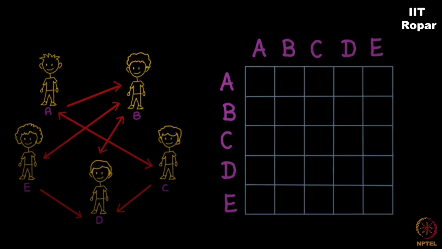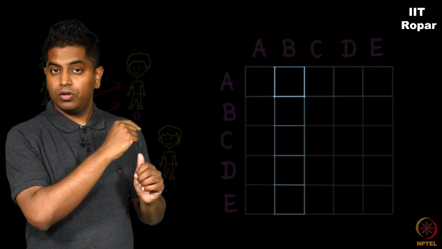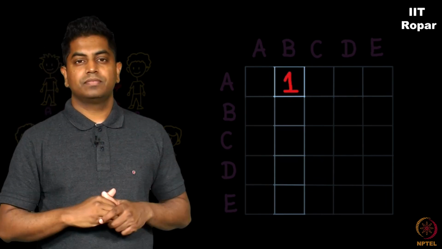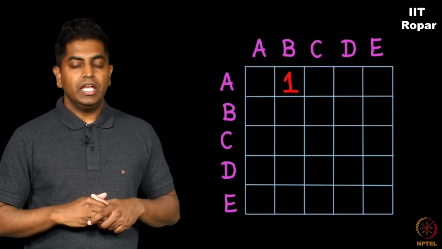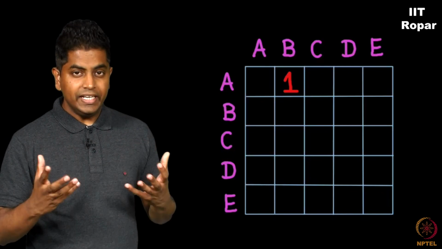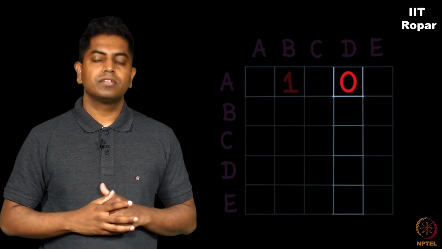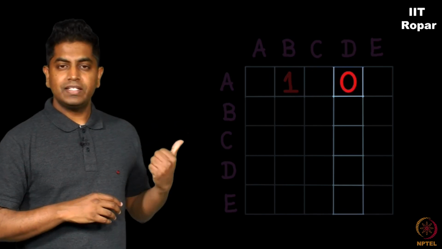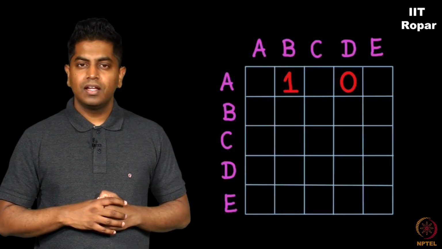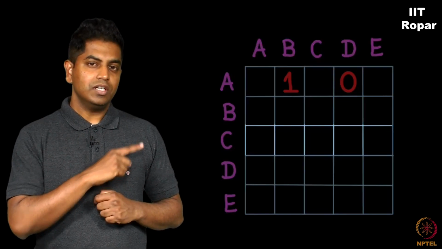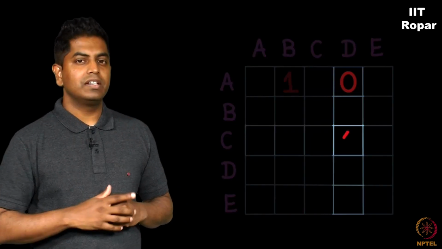And then if A knows B, I look at A's row and B's column, then put a 1 there. If A doesn't know D, I'll go to Ath row and Dth column and put a 0 there. If let's say C knows D, I'll go to Cth row, Dth column and put a 1 there.